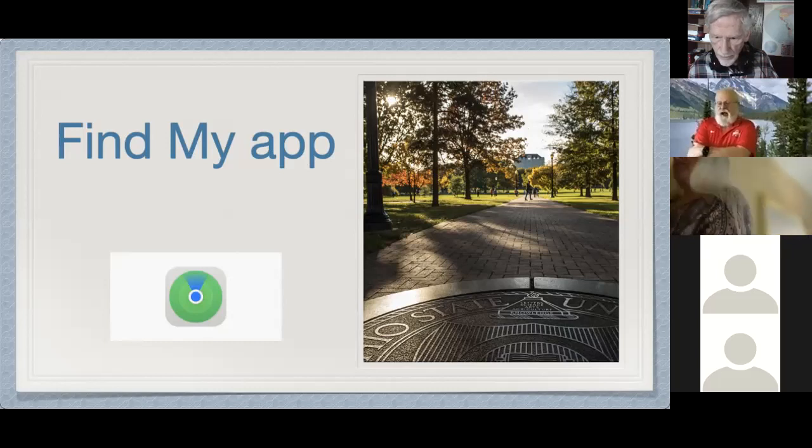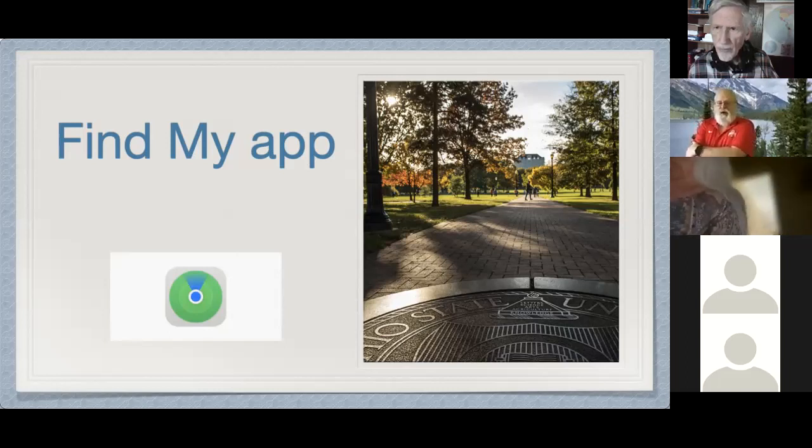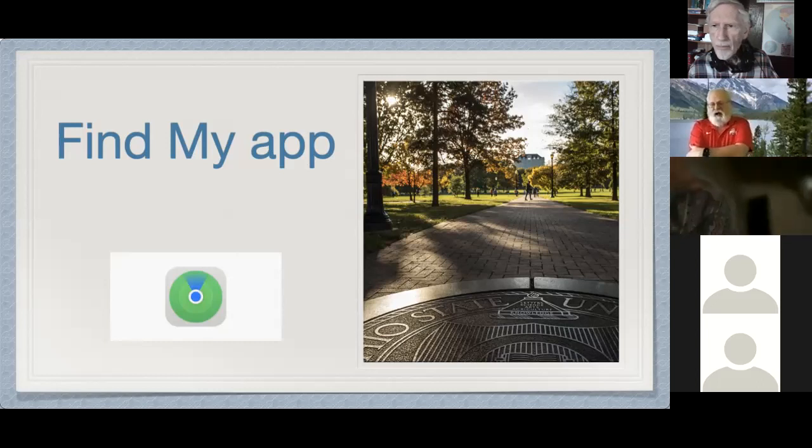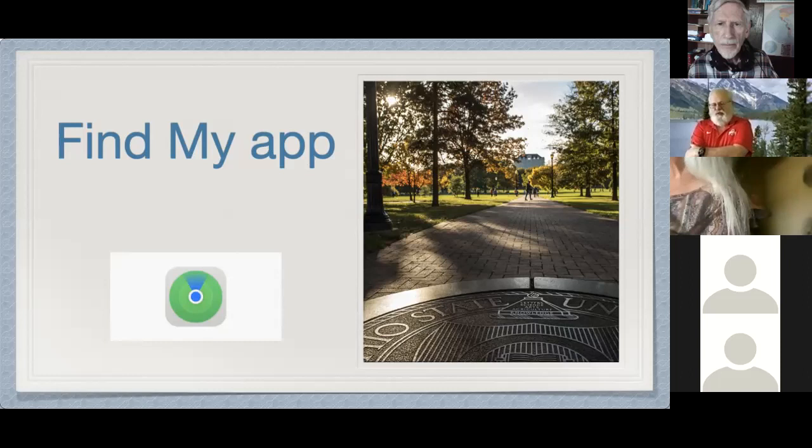And it's been around, and actually starting with Mac OS Catalina and iOS 12, they combined. There used to be an app called Find My Friends and another app called Find My iPhone, and those got combined into the Find My app a few years ago.